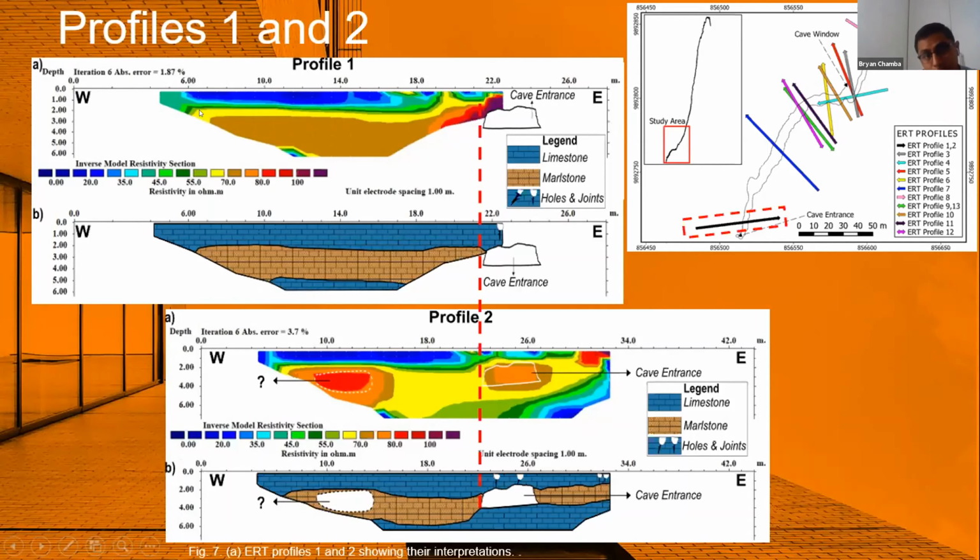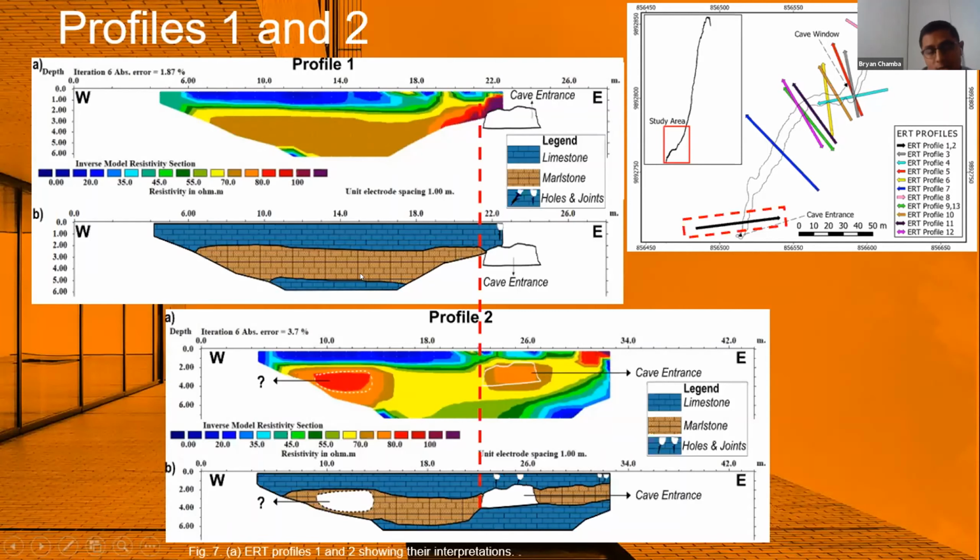Then we have a less conductive layer that corresponds to the marlstone layer. And finally, we have another intercalation of the limestone layer. And obviously, here we have the resistivity anomaly, and here we have another resistivity anomaly, the same resistivity anomaly.